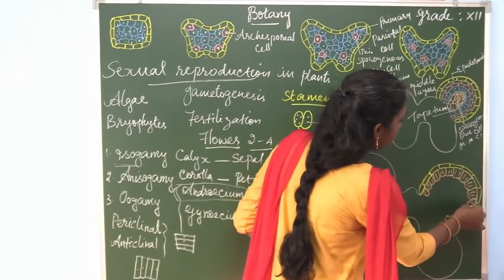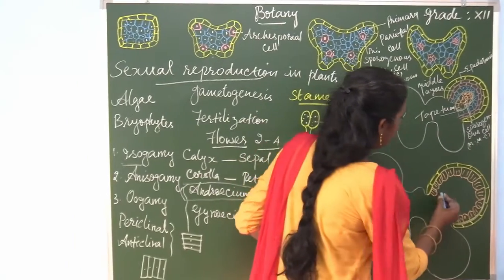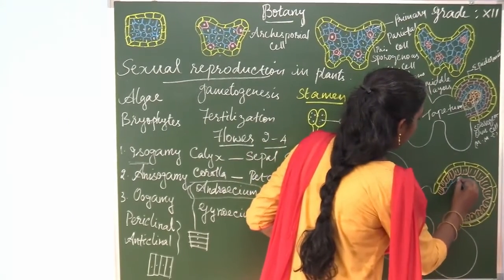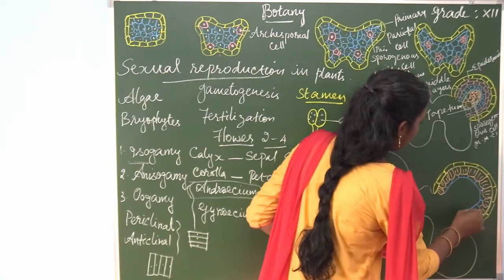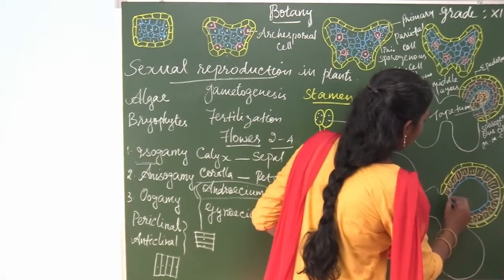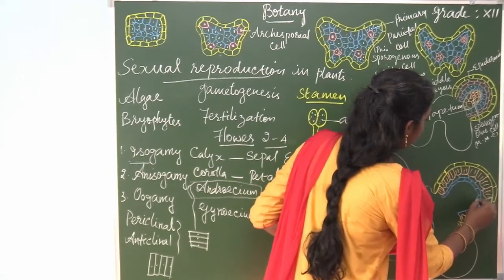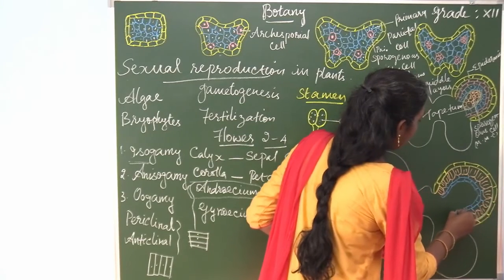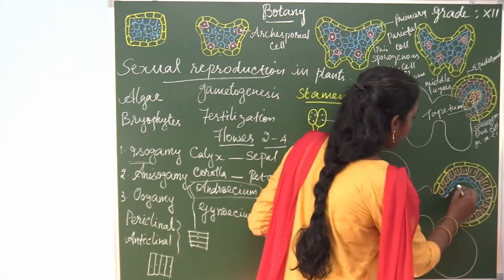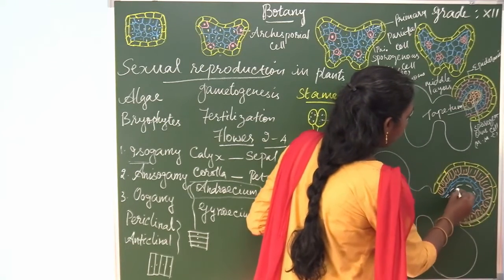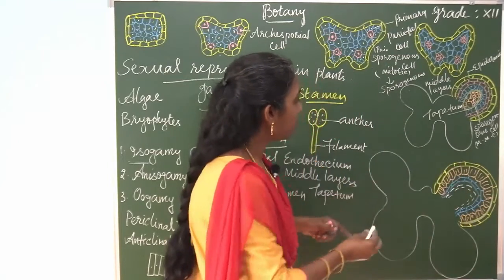Inner to the endothecium, there are middle layers. There are 2 to 3 layers of middle layer. And inner to this middle layer, there is the tapetum.